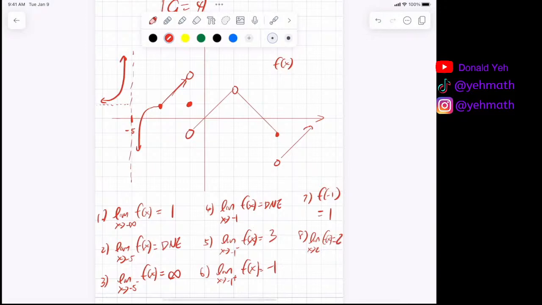Actually, it is 2, because they go to here, which is 2, and go to here, which is 2. Because that means when x is equal to 2, what is my output? I'm not looking at the limits. I'm looking at my output. The output is the black dot. Wait, so if it was f of 2, it would be nothing like this. f of 2 does not exist, yes. So f of 2 does not exist.